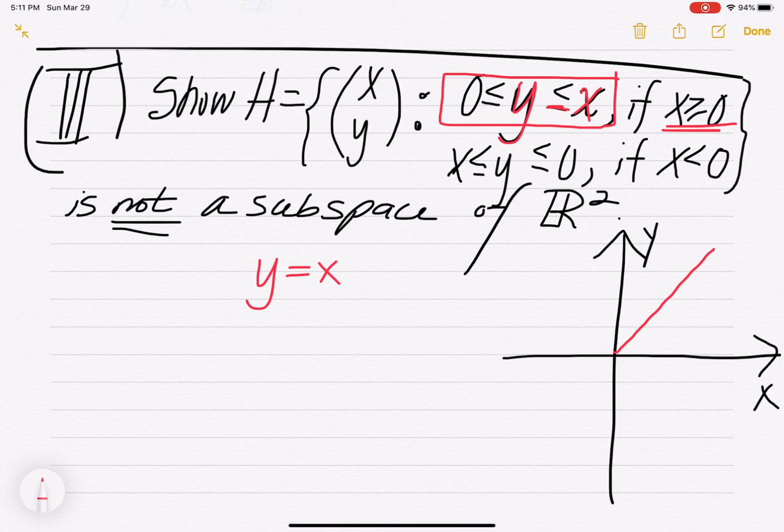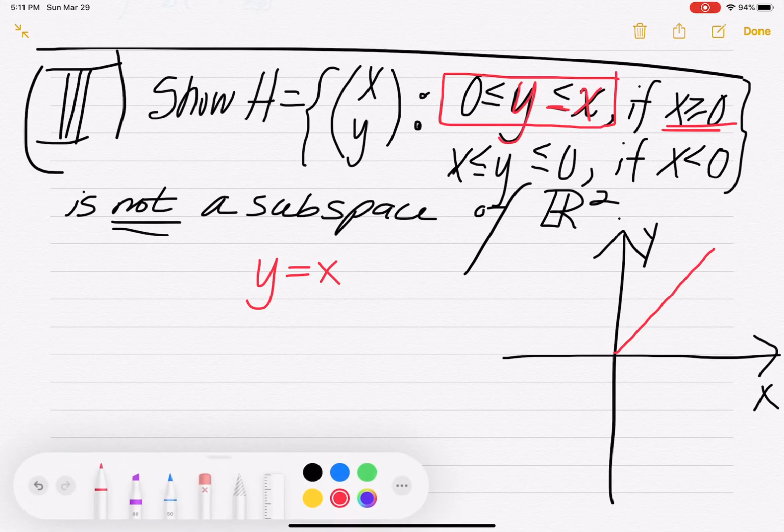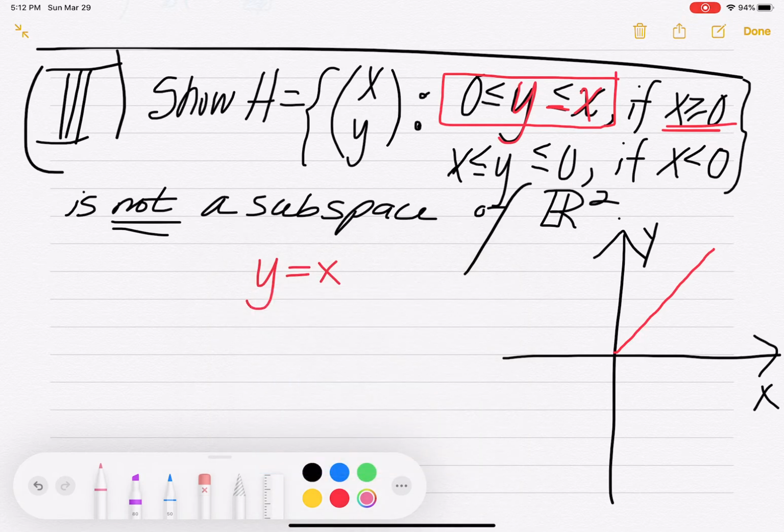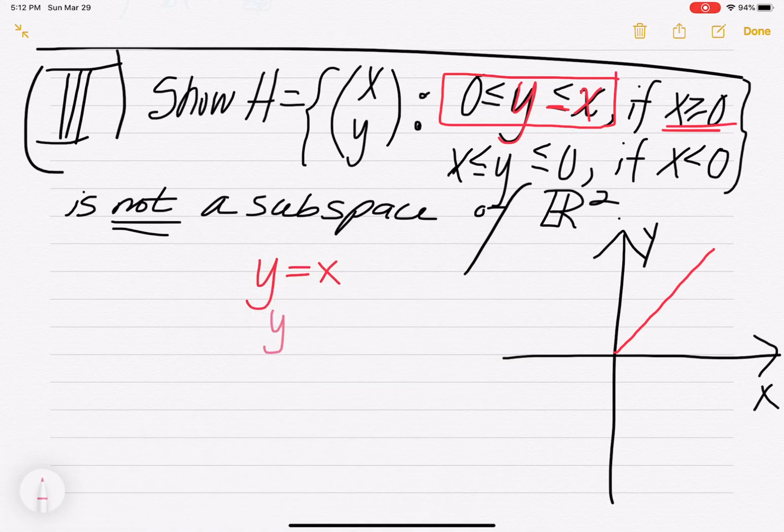But we have that y is actually less than or equal to x. So let's make our color a little bit different here. This is just a boundary we have so far. So let's look at y less than x.